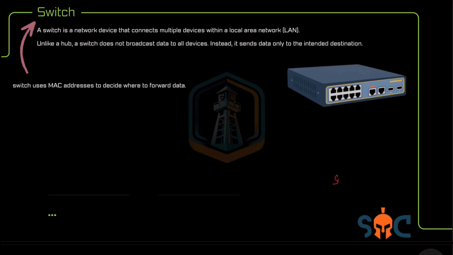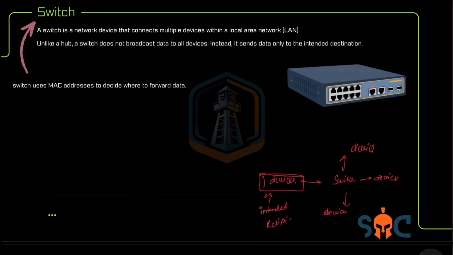So for example, this is a switch, and there are multiple devices connected to the switch. For example, this is the intended recipient.